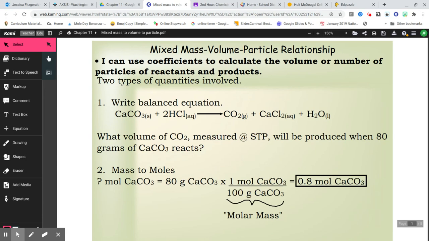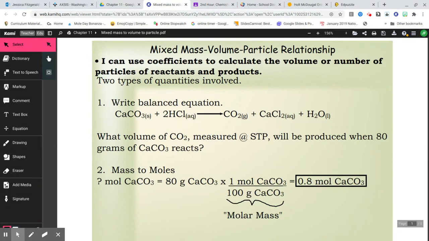Let's look at our first example. Again, I will give you the balanced equations so you don't have to worry about them. And the question is, what volume of carbon dioxide measured at STP, so standard temperature and pressure, which means we can use our double mole diagram, will be produced when 80 grams of calcium carbonate reacts?